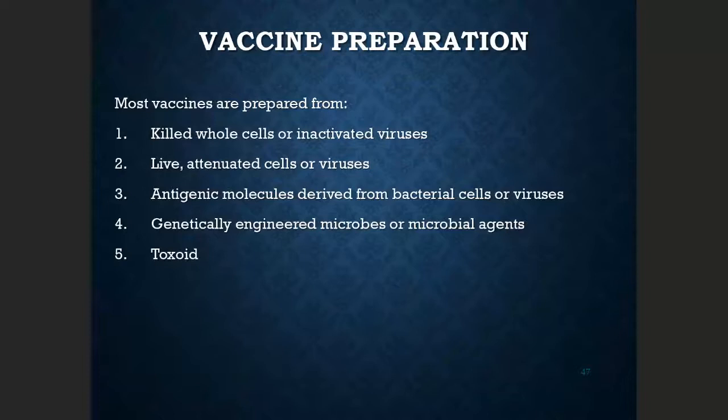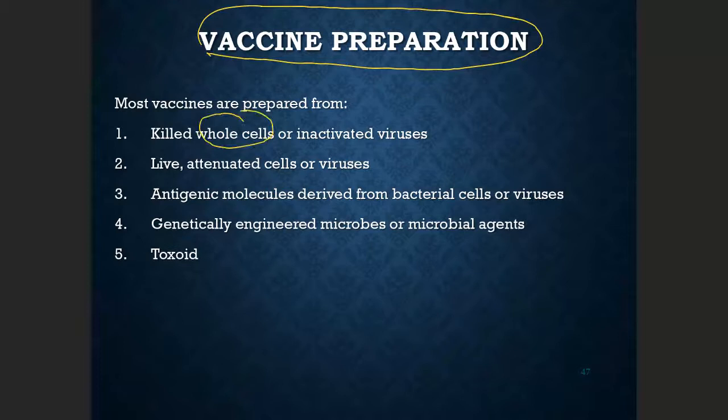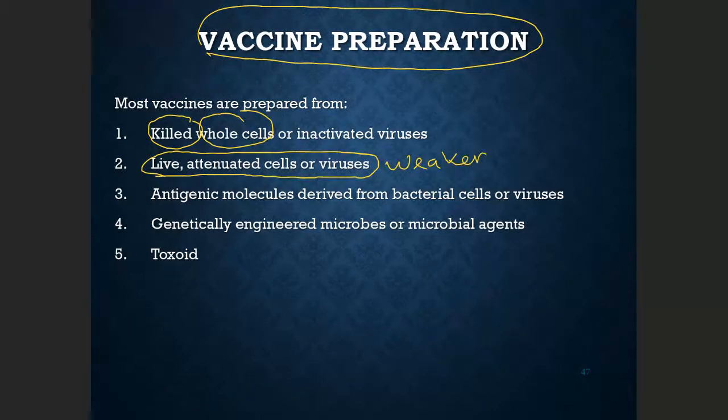Now, vaccines can be prepared from maybe the whole cell that is killed or made weaker, a live cell that is weaker, maybe part of the antigenic molecules coming from the bacterial cell or viruses, or maybe using a genetically engineered microbe to produce the vaccine, or maybe part of the toxin, the exotoxin produced by bacteria, converted into toxoid.